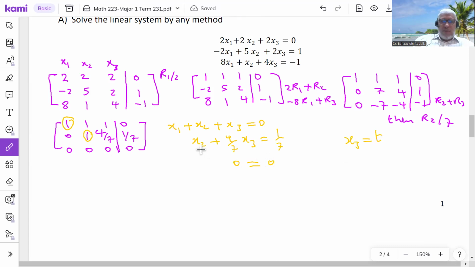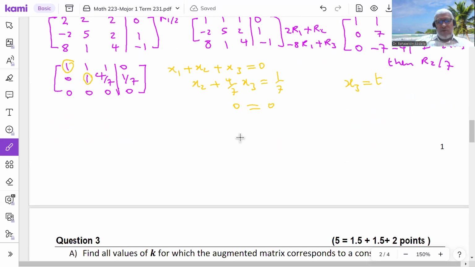Then from the second row, x2 would be equal to 1 over 7 minus 4 over 7 x3, which is t. And I can find x1 from the first equation. I have x1, plus x2 which is 1 over 7 minus 4 over 7 t, plus x3 which is t, all equals 0.